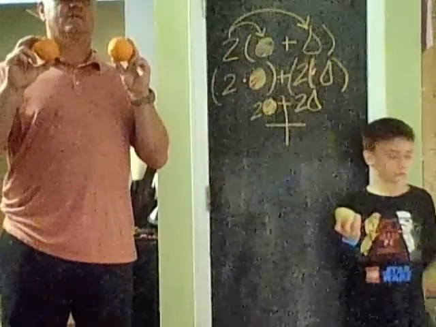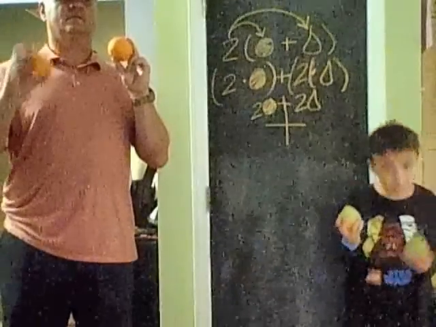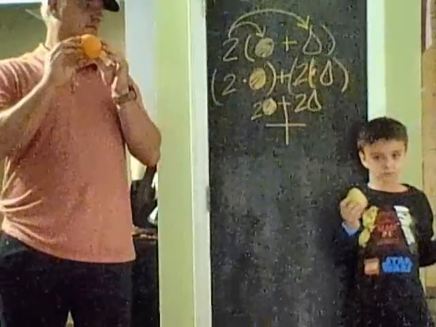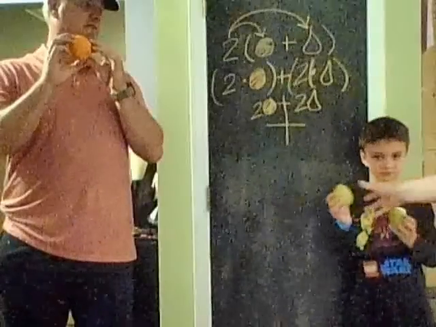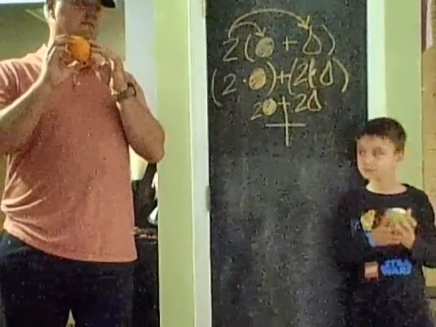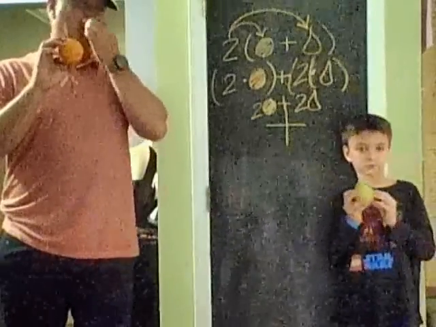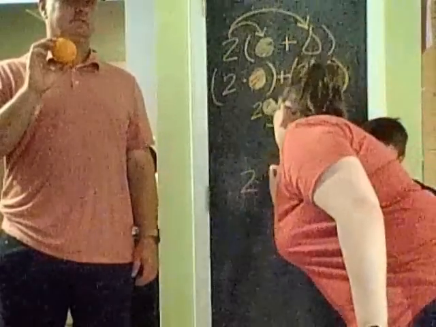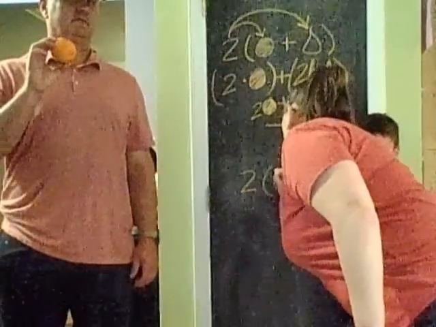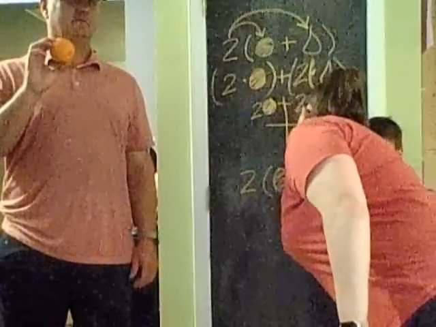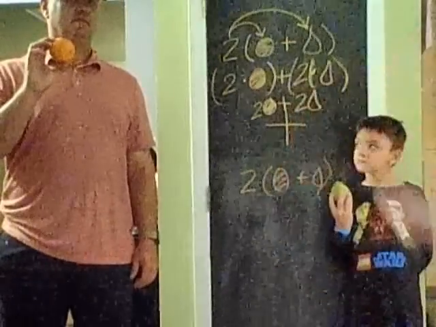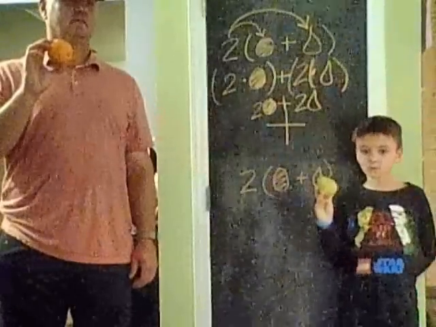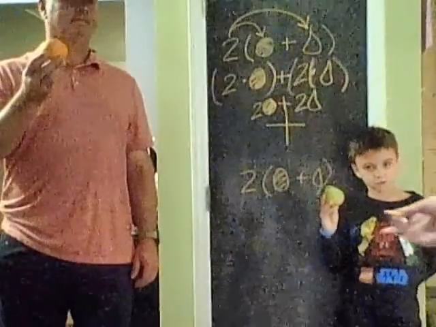If I divide 2 by 2, that leaves me with 1. And I'm back to where I started, with 2 on the outside times orange plus a pear.